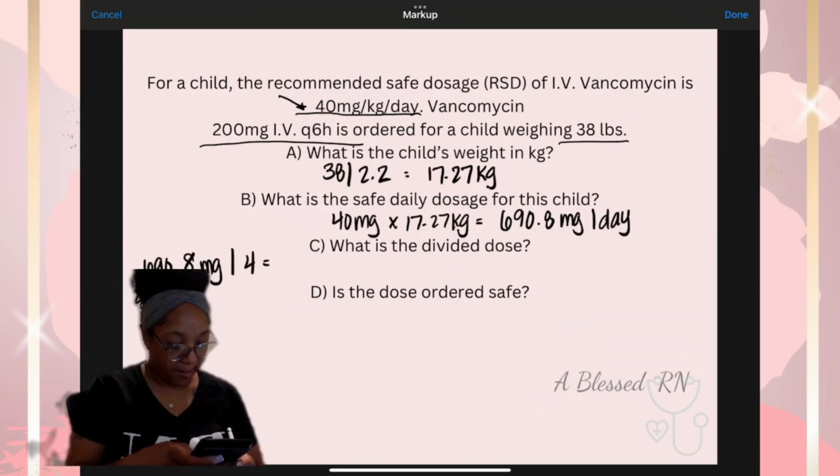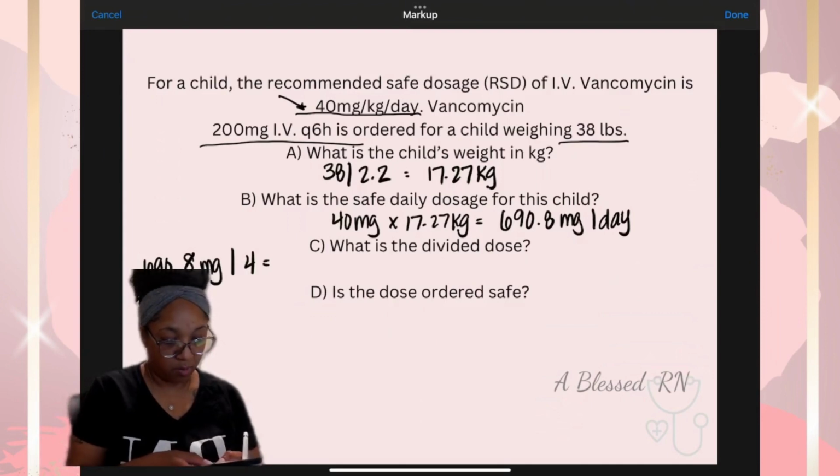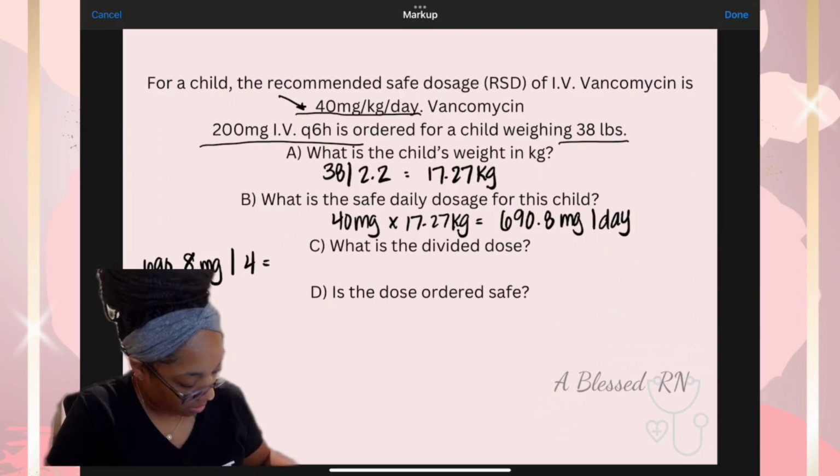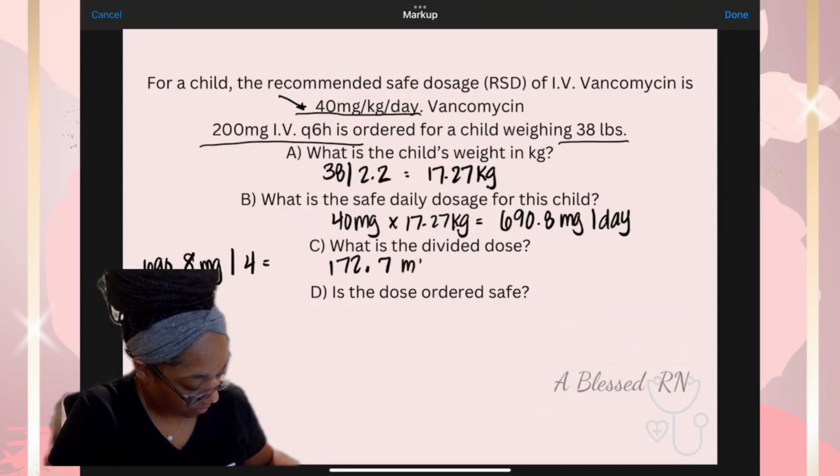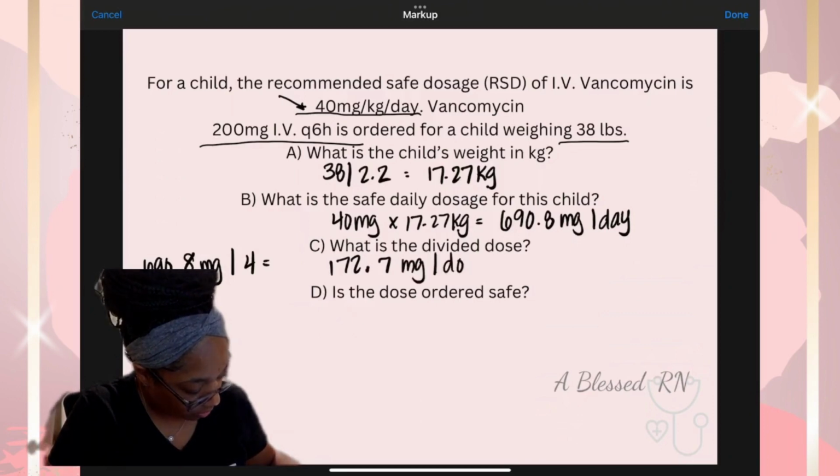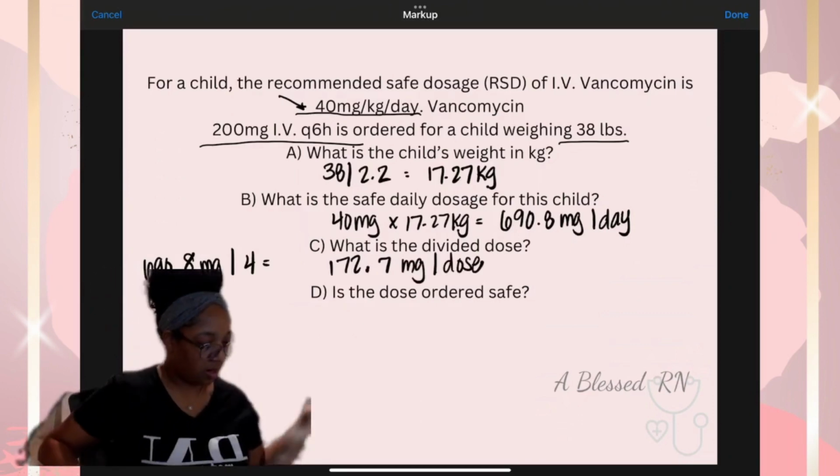It'll tell you how much you will be able to give at one dose. So that's going to be 172.7 milligrams per dose.